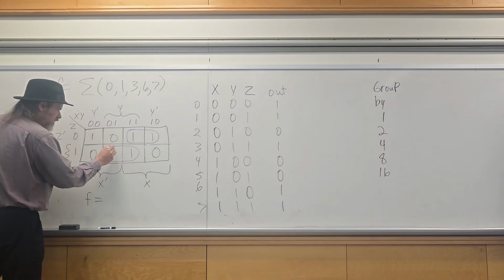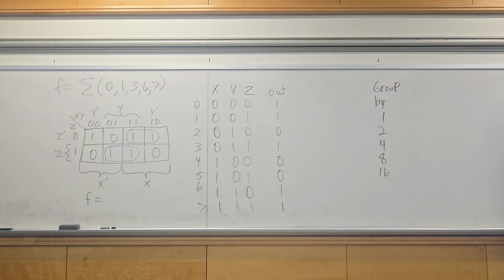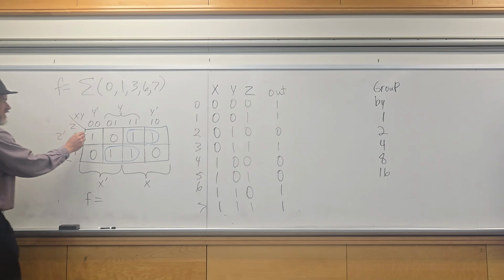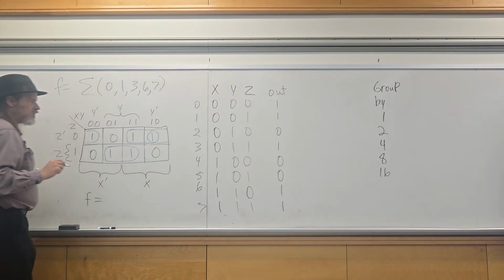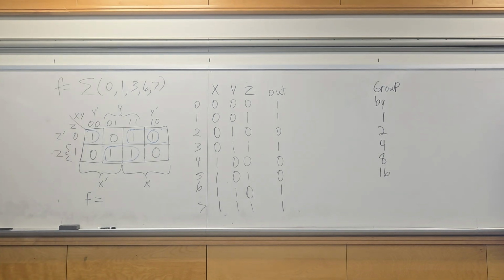Okay. Yeah. What about this lonely one over here? I'm sorry? They're both in y prime. This one is in y prime with this one. So this can be grouped that way. Wrap around. Z prime and y prime.